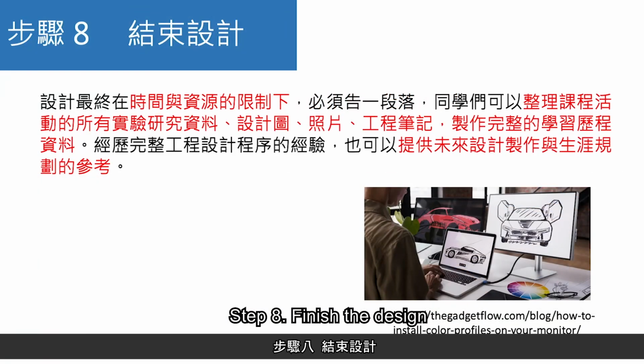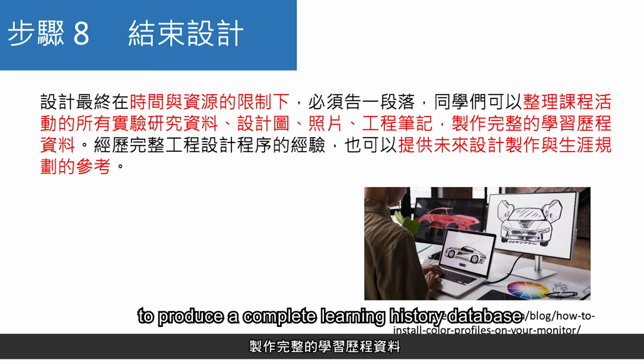Step 8, finish the design. The design ultimately needs to come to an end due to time and resource limitations. Students can organize all testing and research information, design sketches, photos, and engineering notes used during the course activity to produce a complete learning history database.